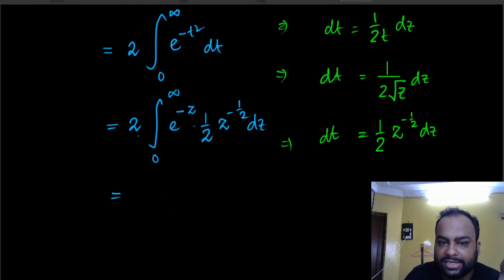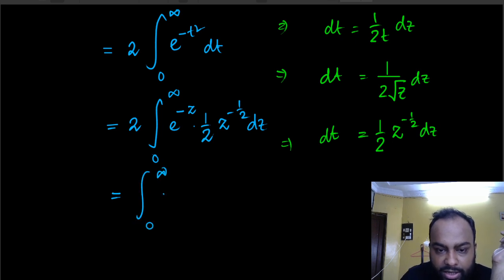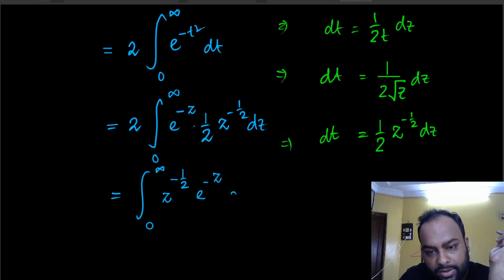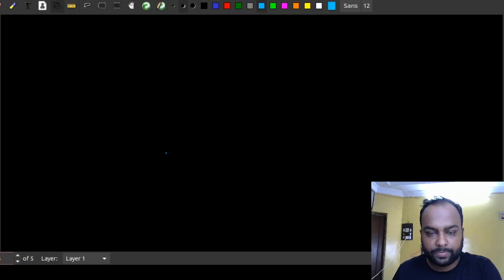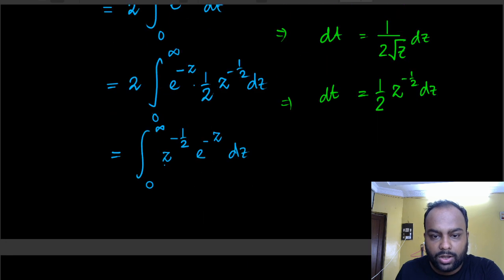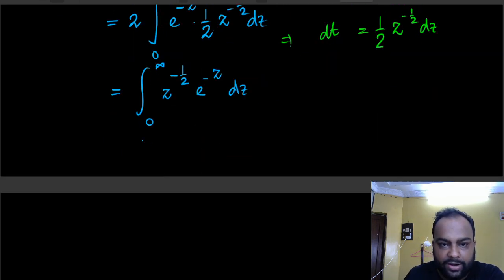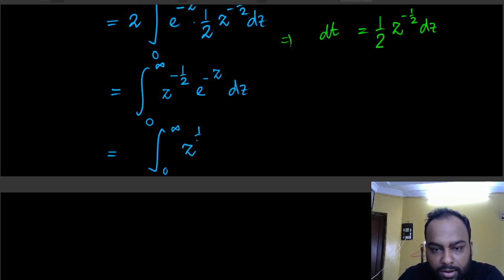So this half cancels out with this 2, and we have the integration from 0 to infinity of z to the power minus half e to the power minus z dz. And we can rewrite this as the integration from 0 to infinity of z to the power plus half minus 1 into e to the power minus z dz.